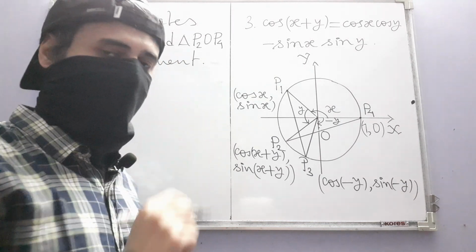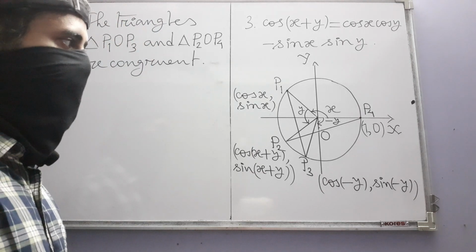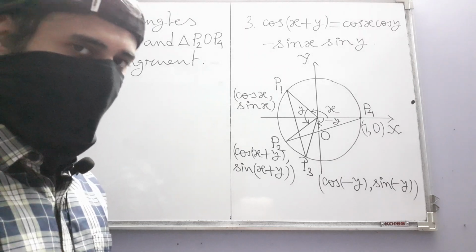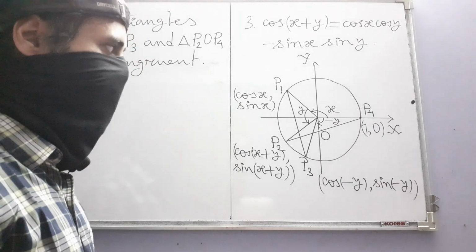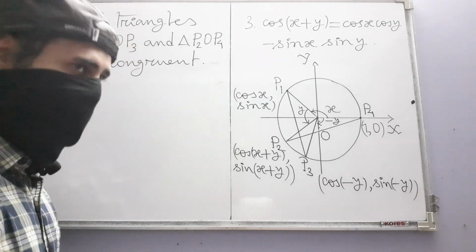You can see one thing immediately, namely that already two pairs of sides of these two triangles have equal length, are of equal length.